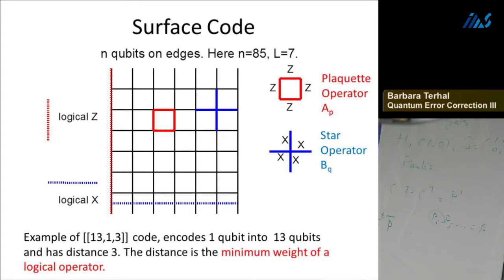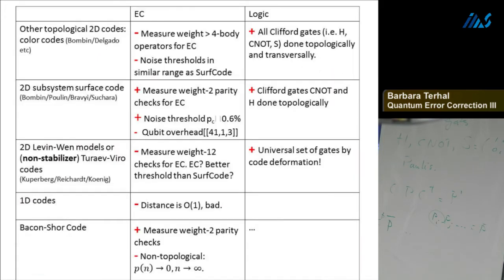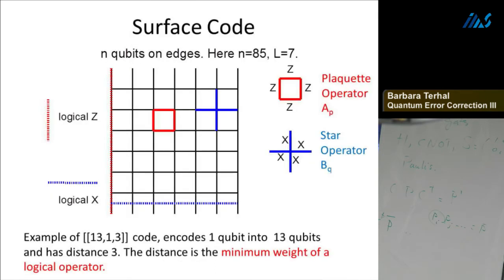And for two-dimensional stabilizer codes, you can also show that some of those other codes, the decoding procedures can be viewed as a way of decoding the surface code. So it has a certain universality.